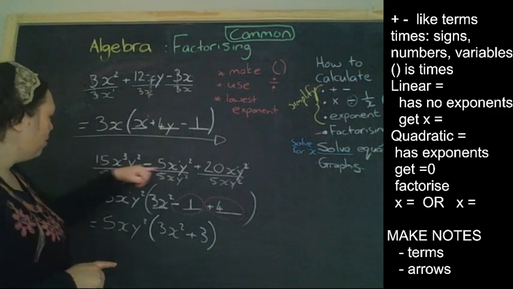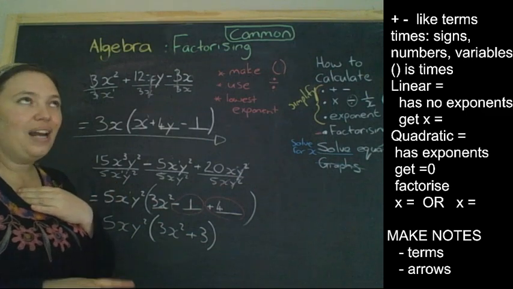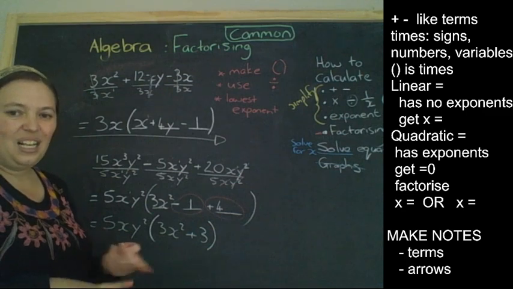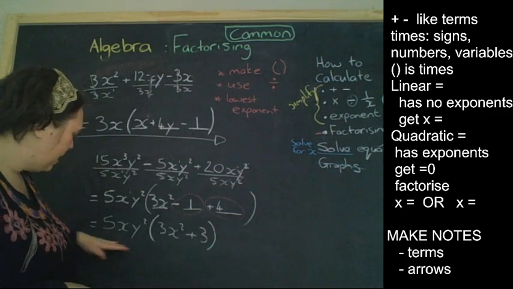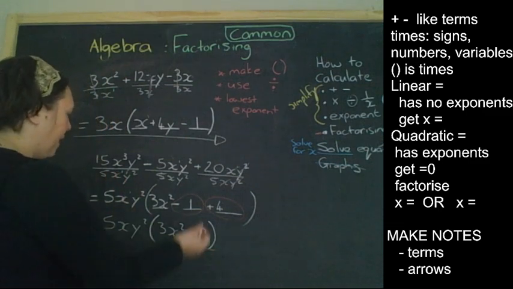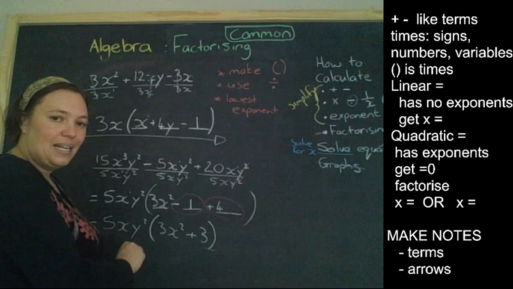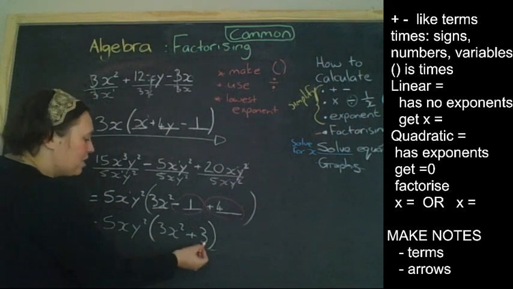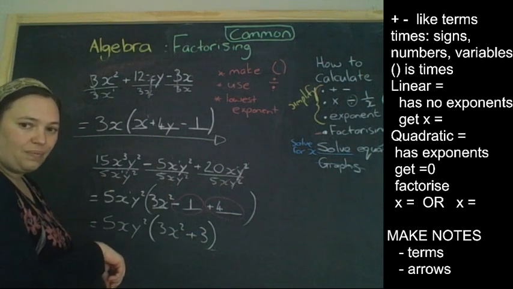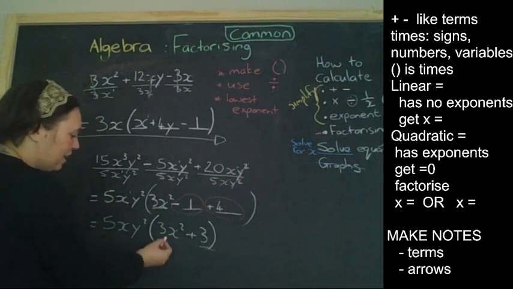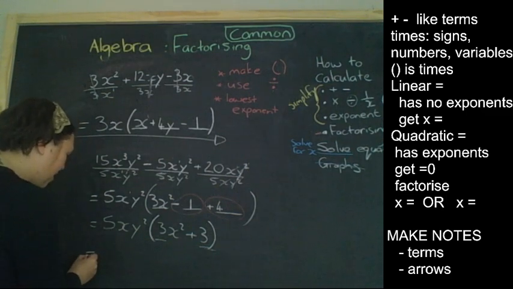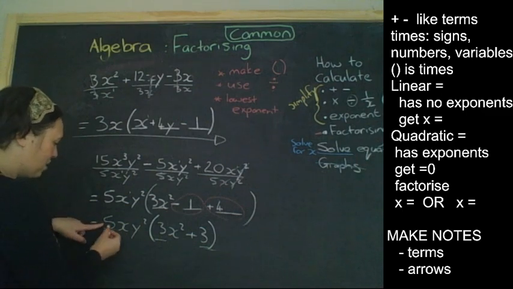Or maybe you take out a common factor and only later do you realize, oh, I took out 2 as a common factor, but actually it was 6. So when you get to the final end, look first before you stop. Are there like terms that I can add? Is there something else that is also a factor that I missed at the beginning? So here, 3 is another common factor. So what we do now, we had this as a common factor, right?